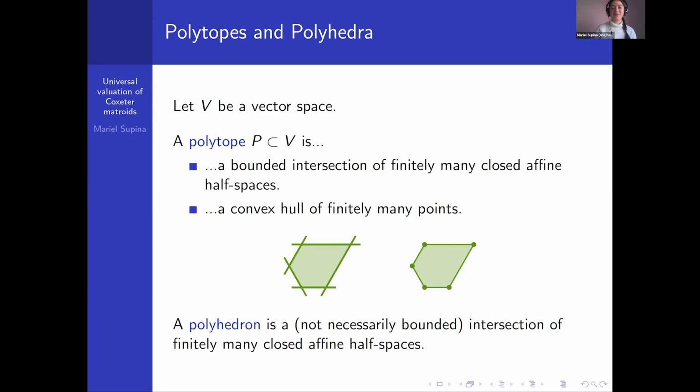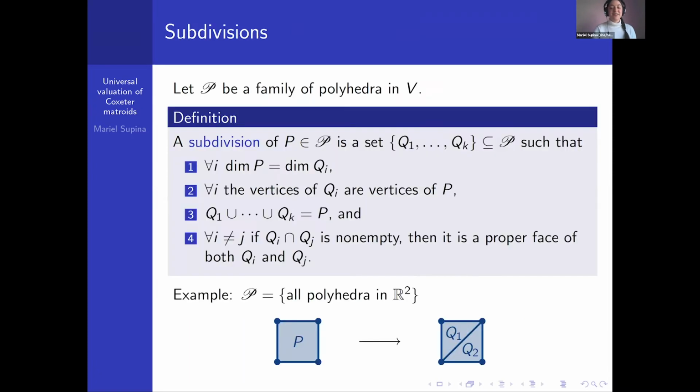Okay, so the main algebraic objects that I'll be talking about in my talk are called valuations. I want to tell you what these are, and in order to define these, I have to tell you about subdivisions. So there will always be some family of polyhedra that I'm working with. It could just be all polyhedra, or it could be more specifically generalized permutahedra or matroids, and these are things I'll define later.